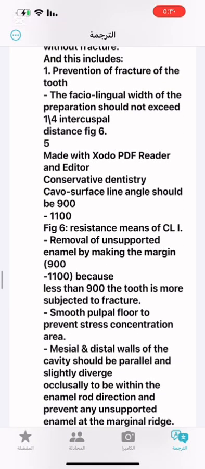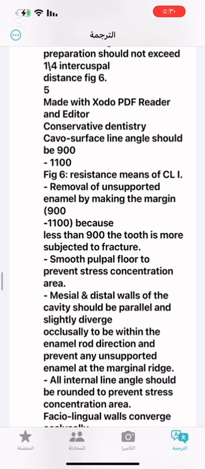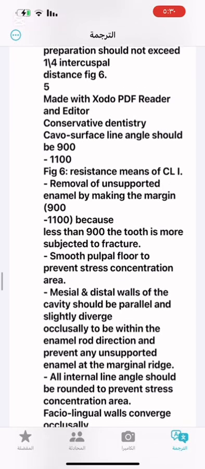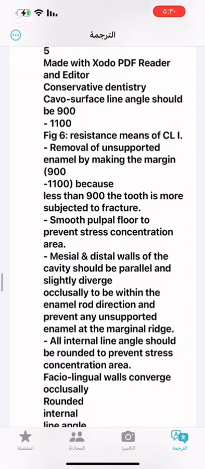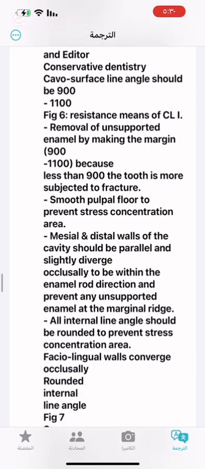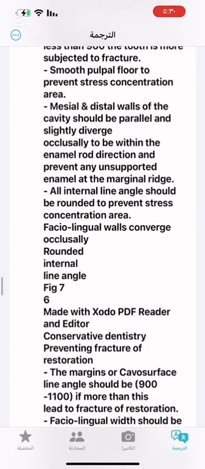The cavosurface line angle should be 90 to 110 degrees.